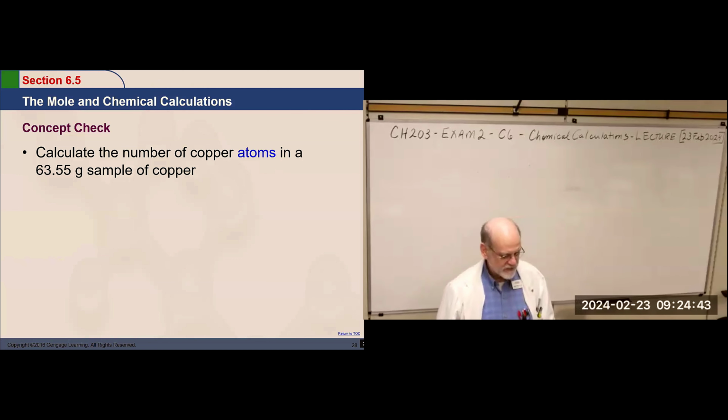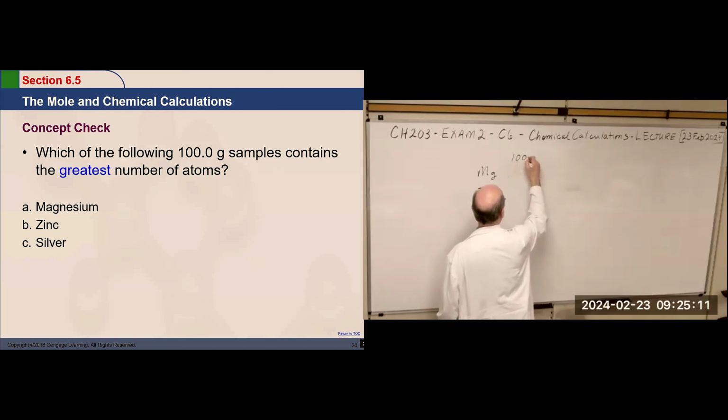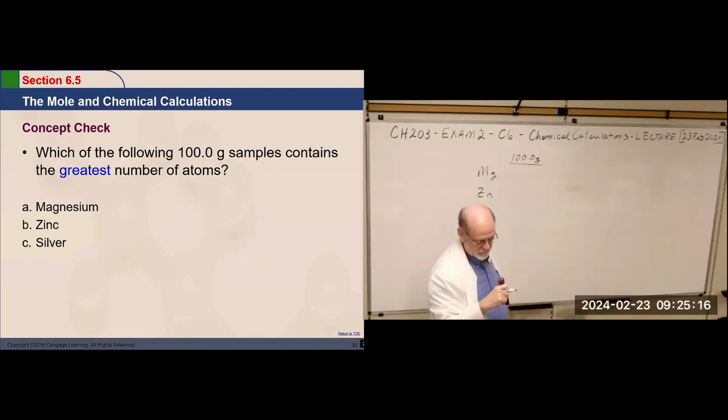All right, let's compare these three: magnesium, zinc, and silver. We've got a 100-gram sample of each one. Which sample contains the greatest number of atoms?